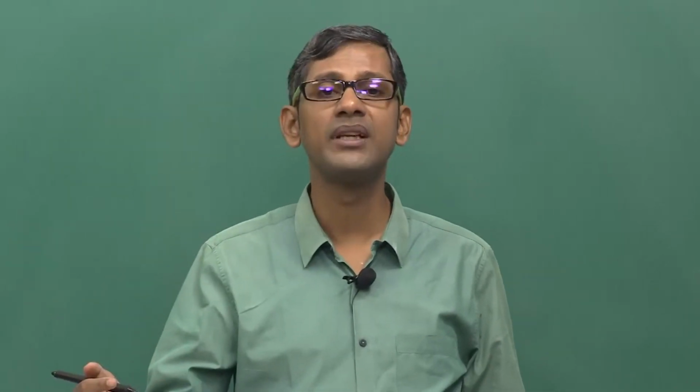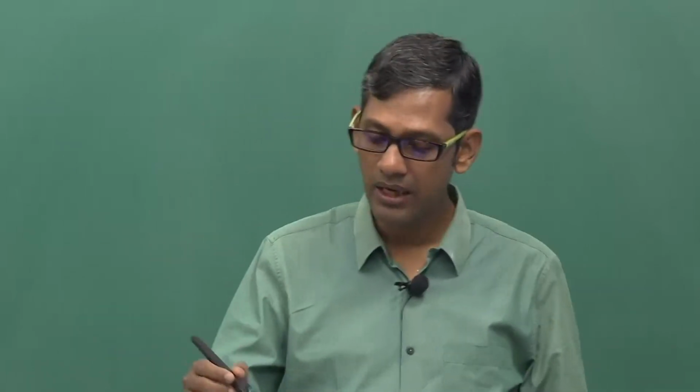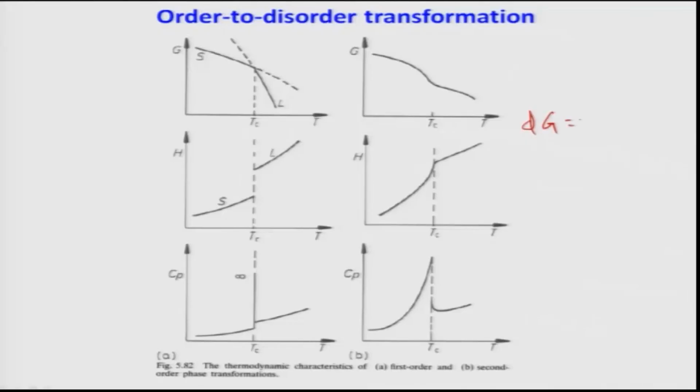So, remember, the order of a transformation depends on whether the derivatives of the free energy with respect to pressure and temperature are continuous or not. Let me explain it properly. We know that dG is basically V dP minus S dT, right. I have derived this expression, please go back. If you are not able to, look at the books.